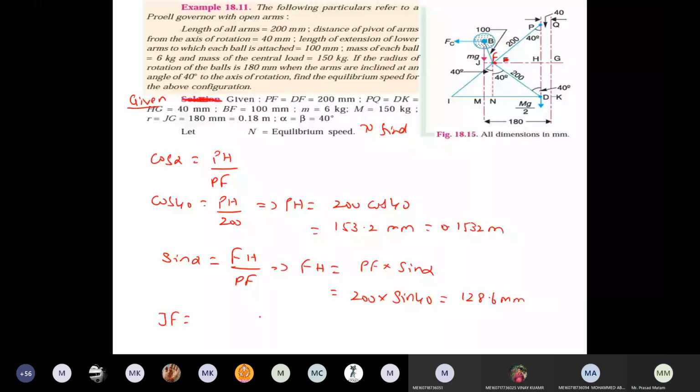You can see here, I can write it as JG minus, what is the term? Please answer. JG minus HG I can write. You can see this total distance JF I want to find. That is nothing but this total JG minus HG.